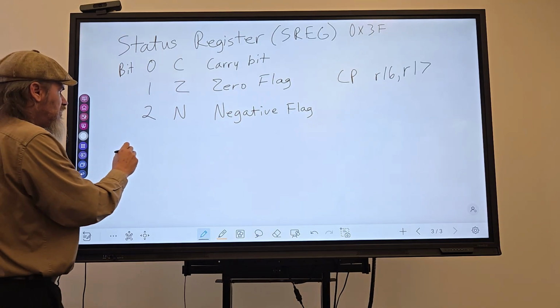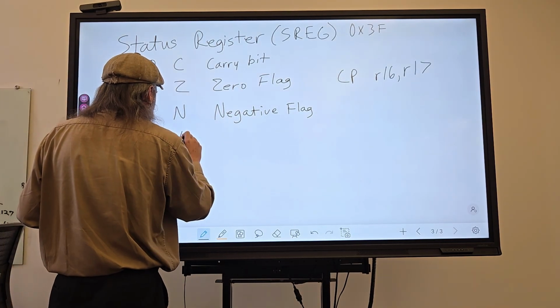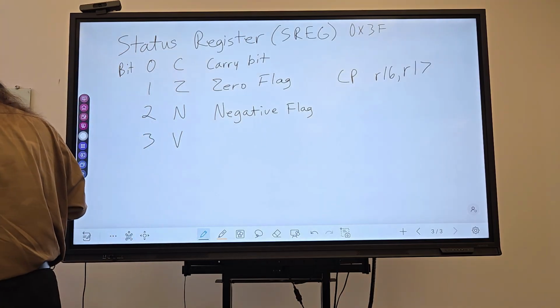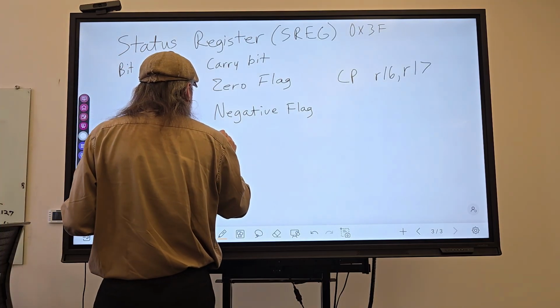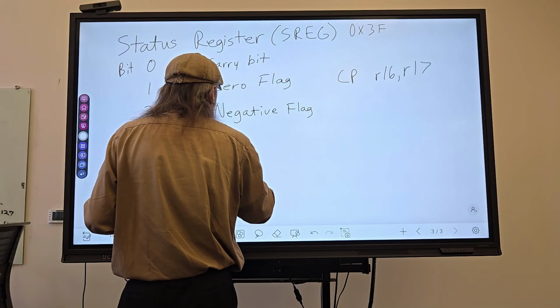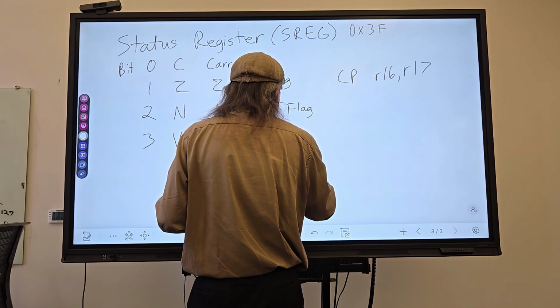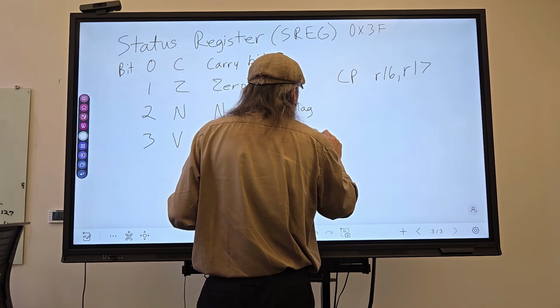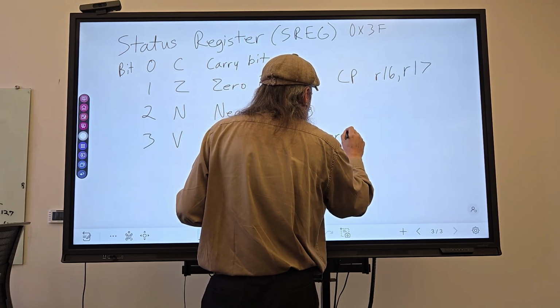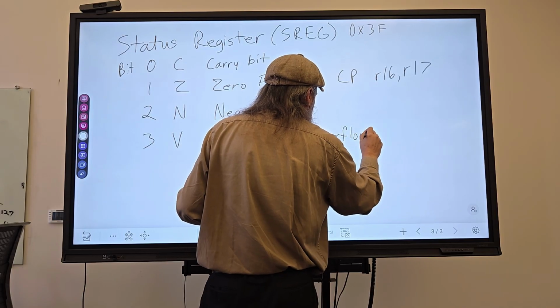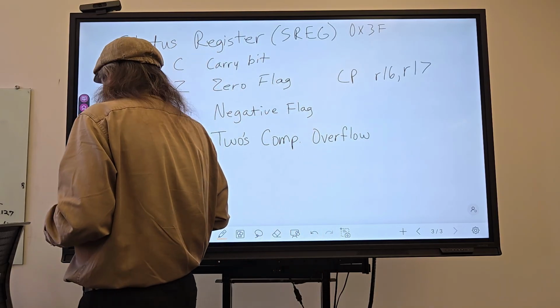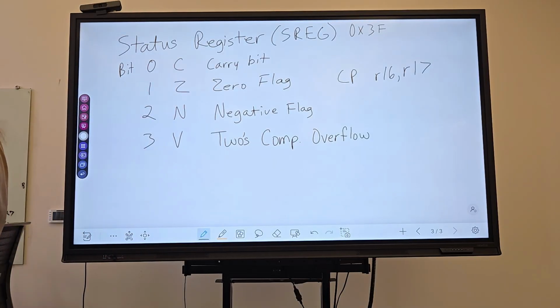Bit 3, the V bit, is the 2's complement overflow. It is set when there is an overflow in the arithmetic operations that support this. It's cleared otherwise.